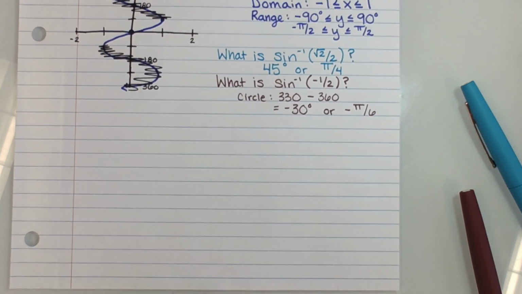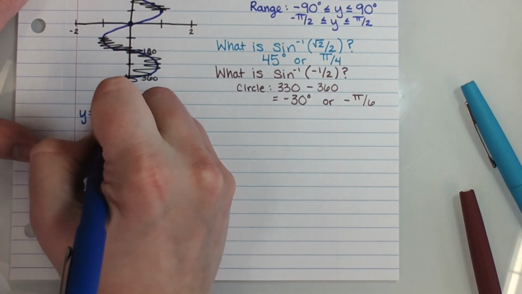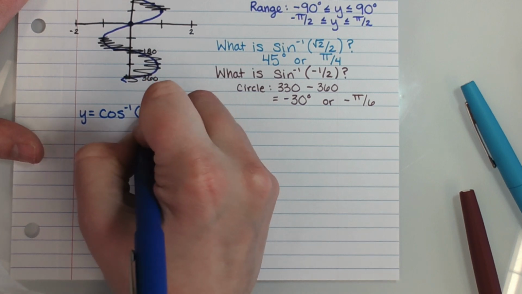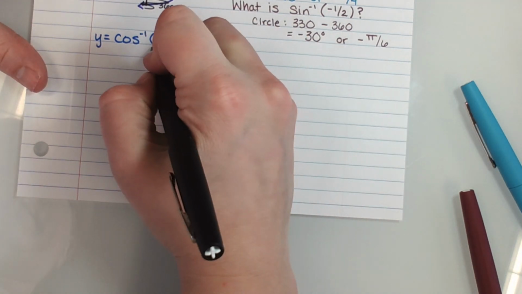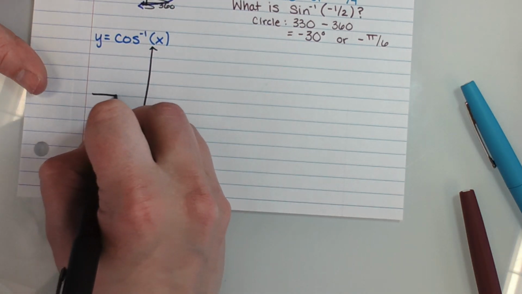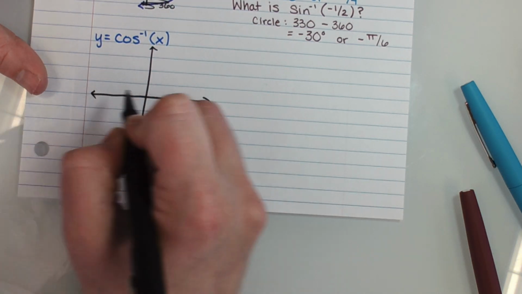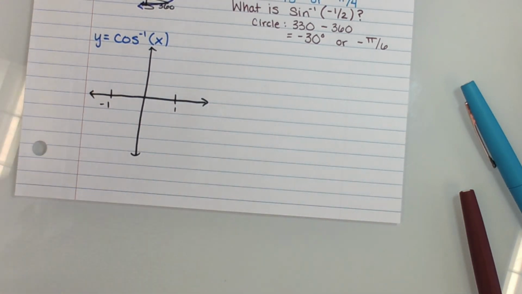Now, let's say I want to talk about cosine. If I do cosine inverse with all of its possible values, similar to how I did sine, cosine's biggest value is 1, smallest value is -1, so cosine inverse's x values are going to go from -1 to 1. That piece is the same.